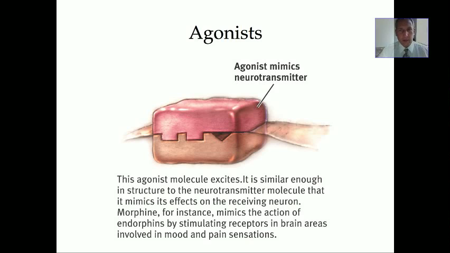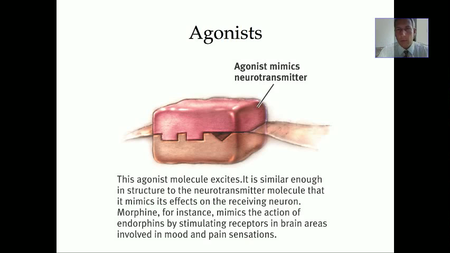An agonist mimics the neurotransmitter and is going to increase the likelihood of stimulating the receptors of that neurotransmitter it's mimicking. For example, our brain produces a neurotransmitter called an endorphin.